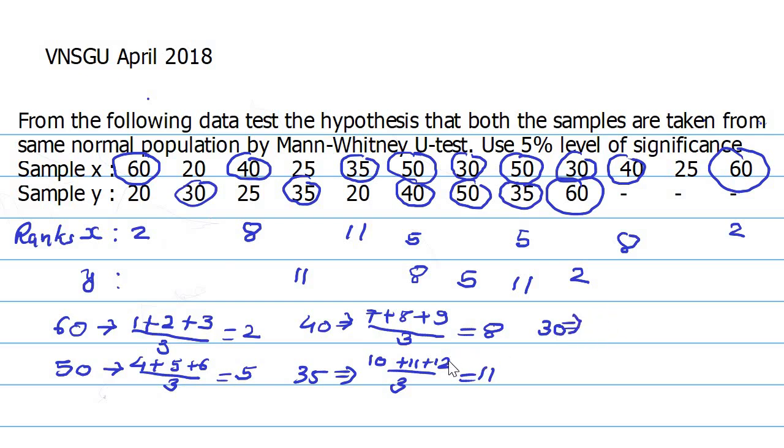After 12 the next will be 13, 14, 15, divided by 3, and that will give me 14. So each 30 will be assigned rank 14.